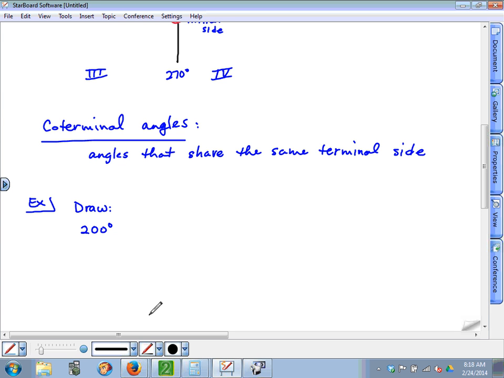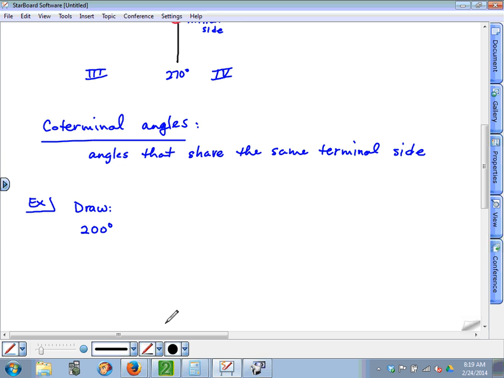Go ahead and draw that one, then I'll tell you the other one to draw on the same graph. So draw an angle that measures 200 degrees. Now, it doesn't have to be exact. You don't have to get a protractor out. You just have to make sure the terminal side is in the correct quadrant. And not just somewhere in the quadrant. It has to be as accurate as you can be.